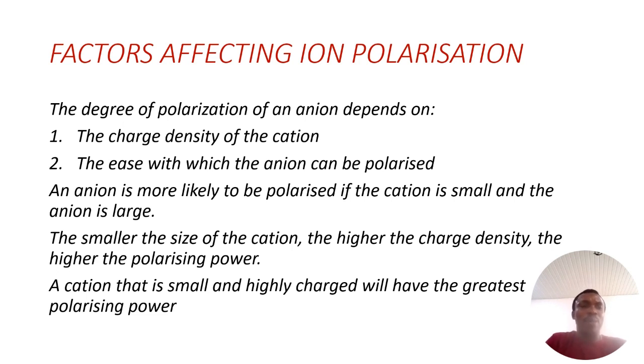These are the factors that affect ion polarization. The smaller the size of the cation, the higher the charge density, the higher the polarizing power. The larger the size of the cation, the lower the charge density, the lower the polarizing power.